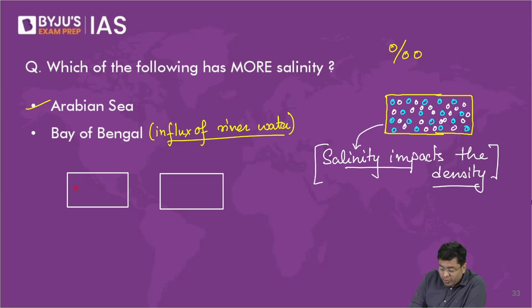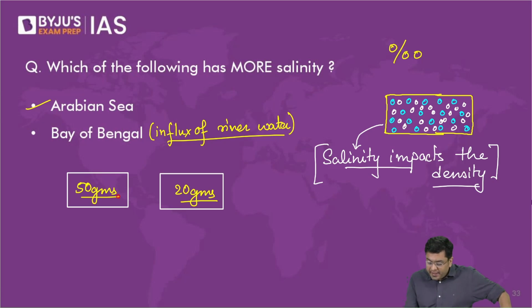Let's suppose in the first case, the amount of salt present is 50 grams. In the second case, the amount of salt present is 20 grams. Now, obviously, salinity is higher here. Here, salinity is lower.